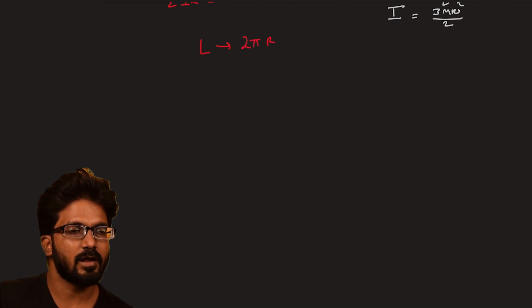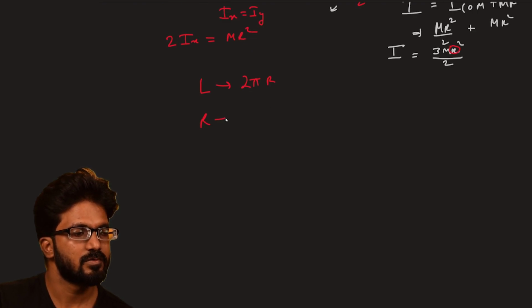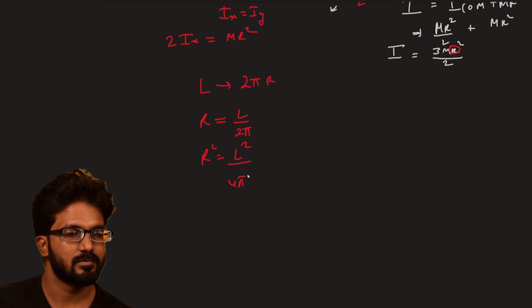So r is equal to L by 2 pi, and r square is L square by 4 pi square.